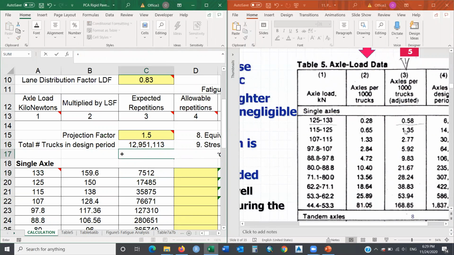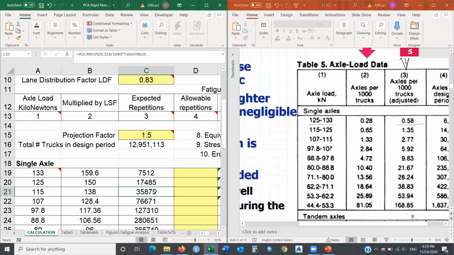The next one is the 135. So 1.35 multiplied by 12,951. I don't need to really make the division if I just express this in thousands, which is what the approach suggests. So you have 17,483. That's why you have 17,485 there, because we are rounding it up.